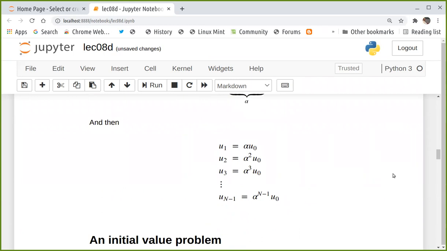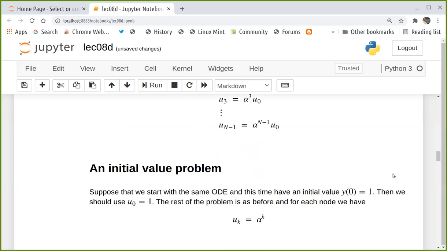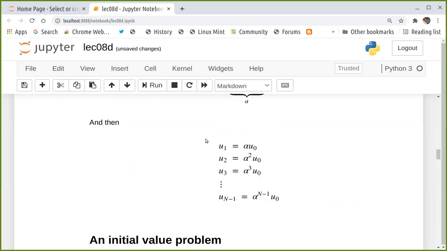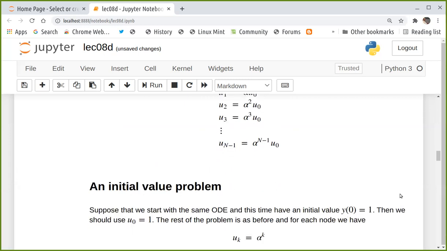And I get this as a result, right? Uk is equal to alpha to the k U0. Alpha is the same as before. Okay, it follows the same way. Okay, now if we want to do the initial value problem, let's say we set U0 equal to 1. Okay, so then all these U0s in this column of equations, all those U0s are equal to 1.